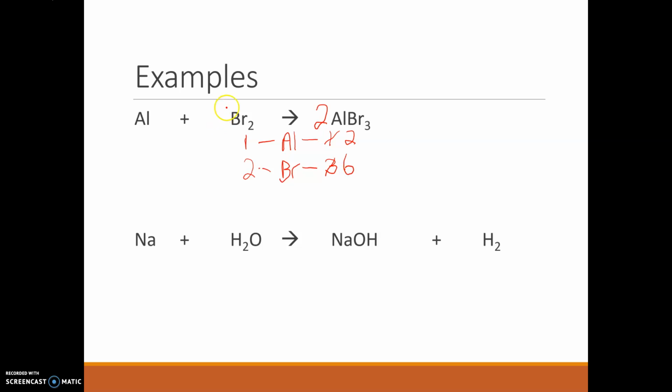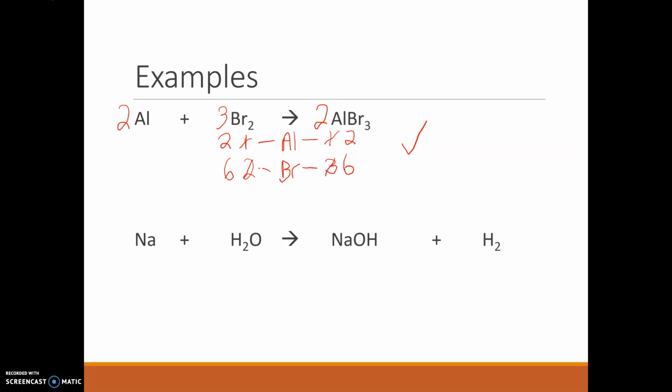Now I'm going to put a coefficient out here, and I'm going to put a 3 here, and when I put a 3 there, that gives me 6 bromines. So now I'm balanced, but now my aluminums are not, so I have to put a number out in front of here so that I can get 2 aluminums. So if I put a 2 here, that gives me 2, and I can see that both sides are equal.